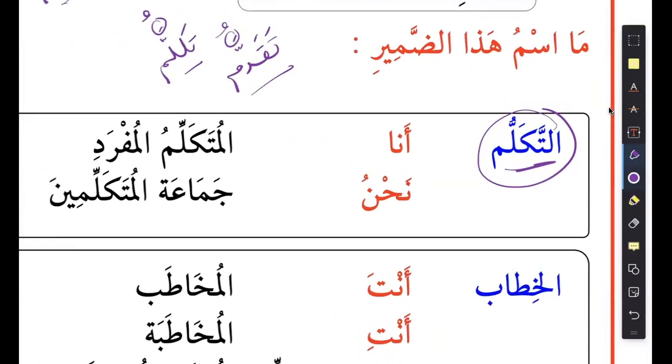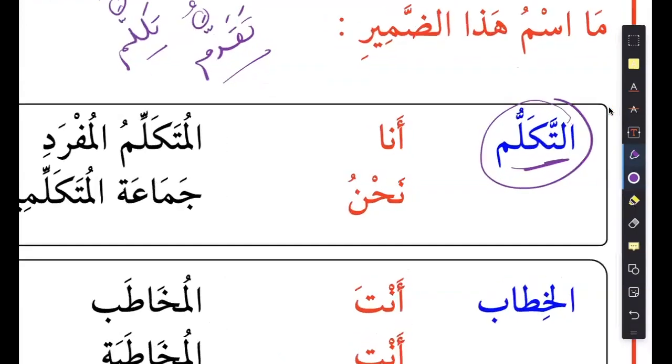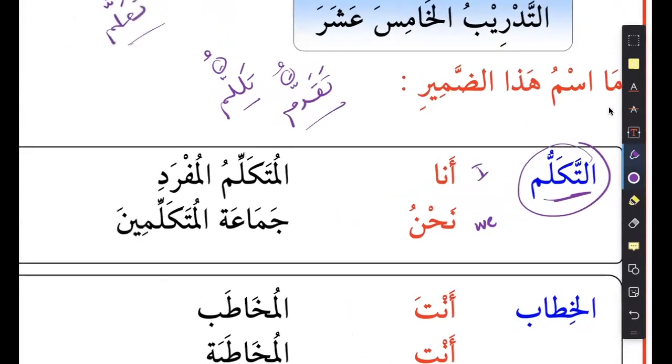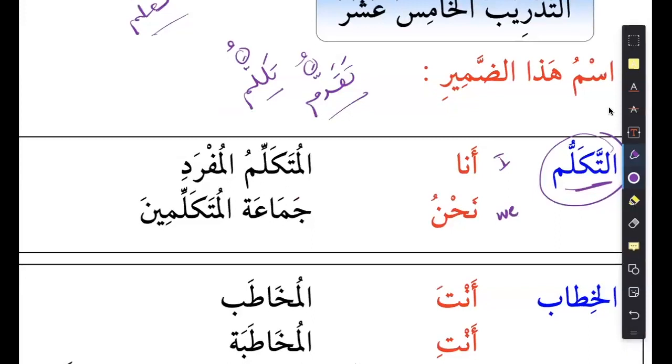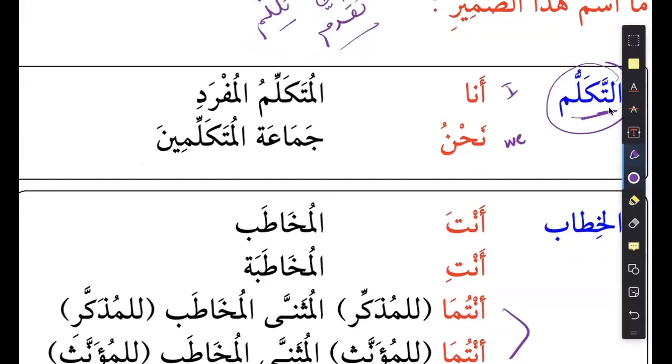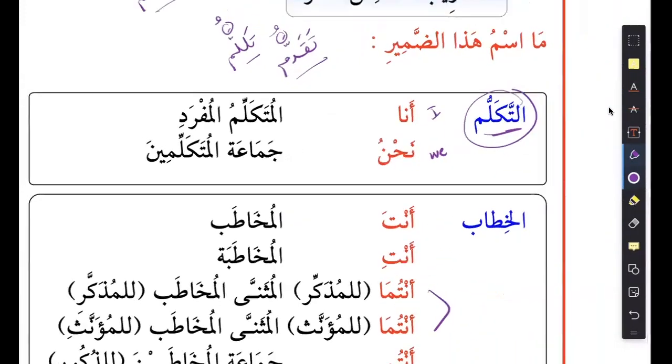So in the first person, we have two pronouns, ana and nahnu. Of course we know them, I and we, just like in English. And they also have names. These names are not super important to memorize, but it's good to know how it's done. It's fairly simple.